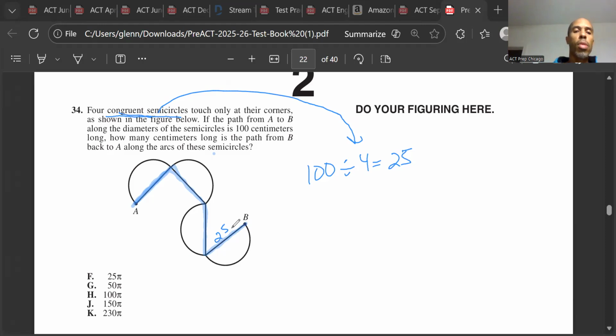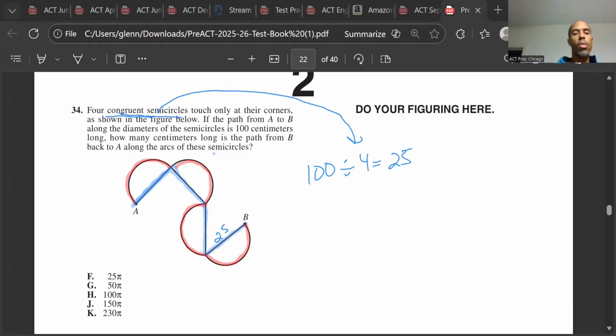How many centimeters long is the path from B to A along the arcs? If we look at the arcs, that's from here along that would be boom, boom, boom, boom. But since these have the same dimensions, then each of those arcs is the same.